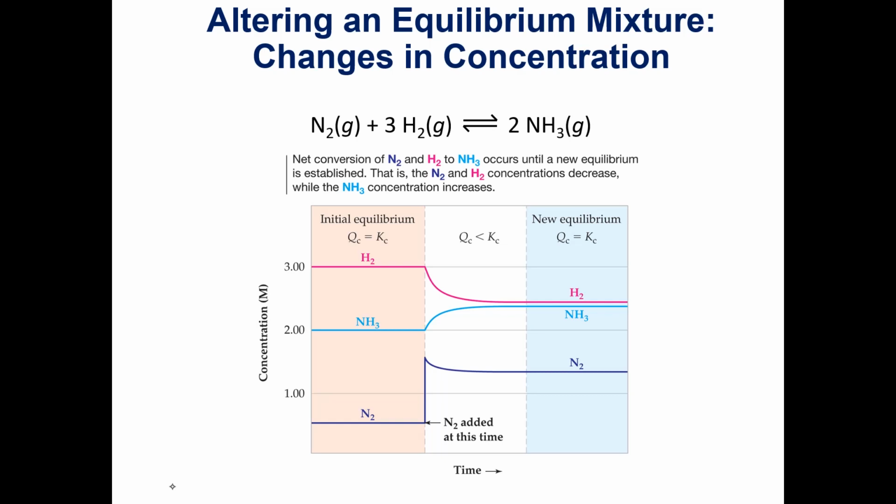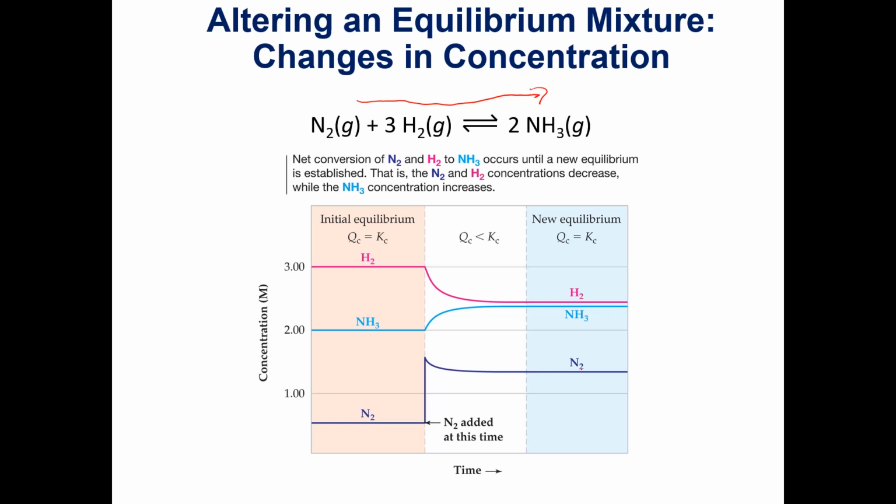This reaction is no longer at equilibrium because we just increased the concentration of one of our reactants. So this reaction is going to shift to the right and make more products because now we've made Qc less than Kc. So we need to make more products to reestablish equilibrium.